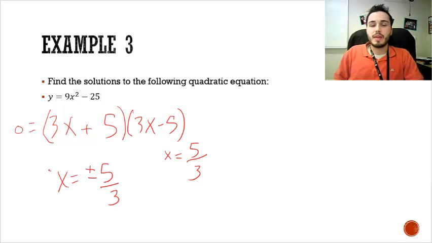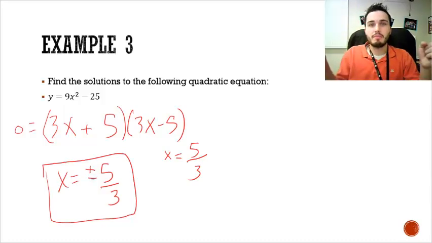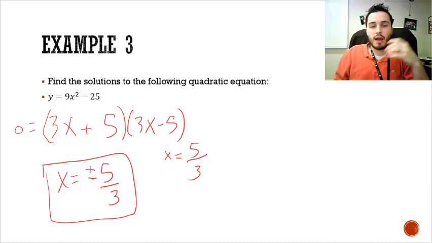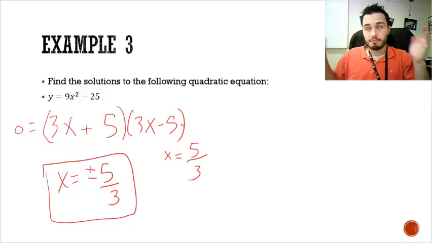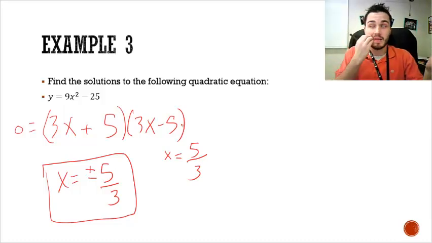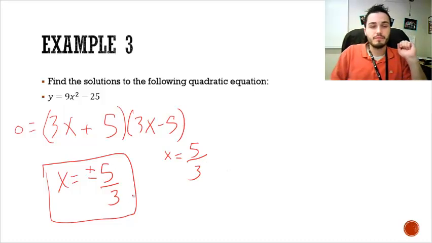And so what this means, this is my answer here, when you see this plus or minus sign, that means both things. It means both the positive 5 over 3 is an answer, and the negative 5 over 3 is an answer. Now, if you write both fractions out for me, like negative 5 over 3 and regular 5 over 3, that's right. It's not incorrect. It's just I'm showing you how you can write your answer a little bit quicker here.